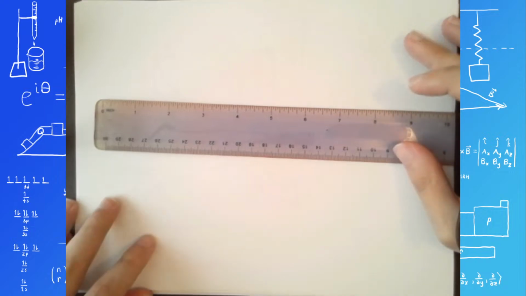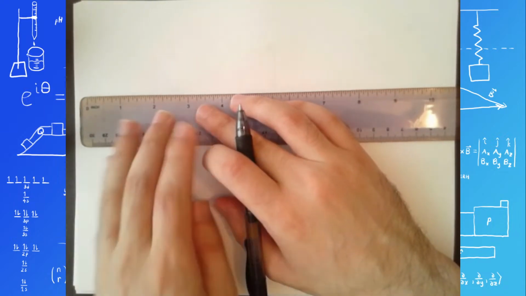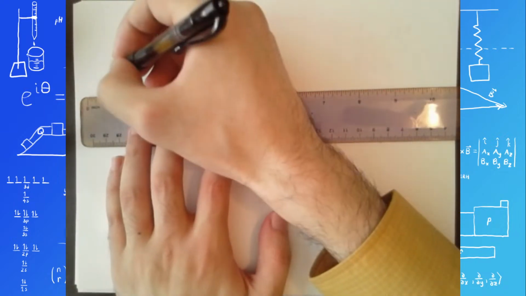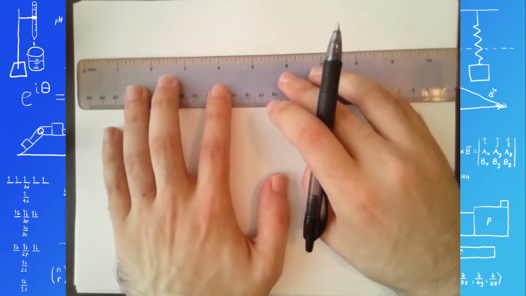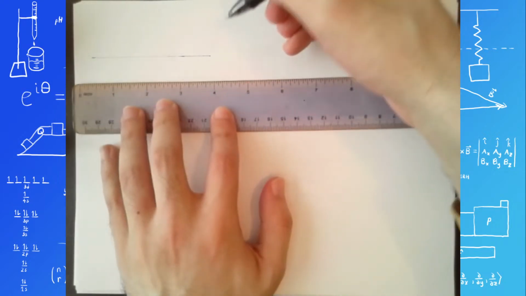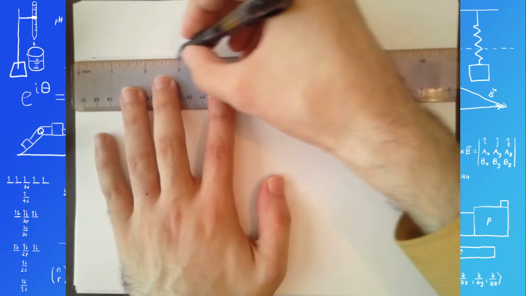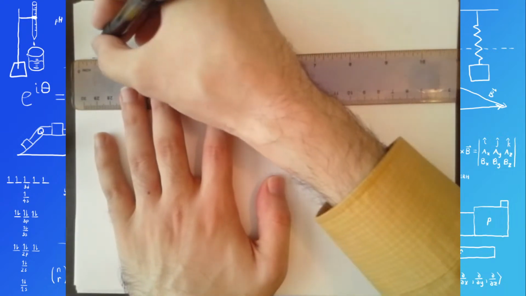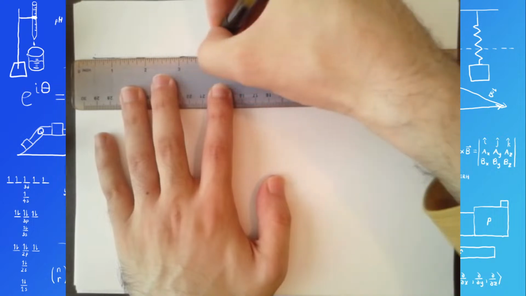Watch me still screw it up somehow. And let me actually draw it a little bit higher. Yeah, there we go. That's a little bit better. I guess this pen is not feeling very cooperative today.